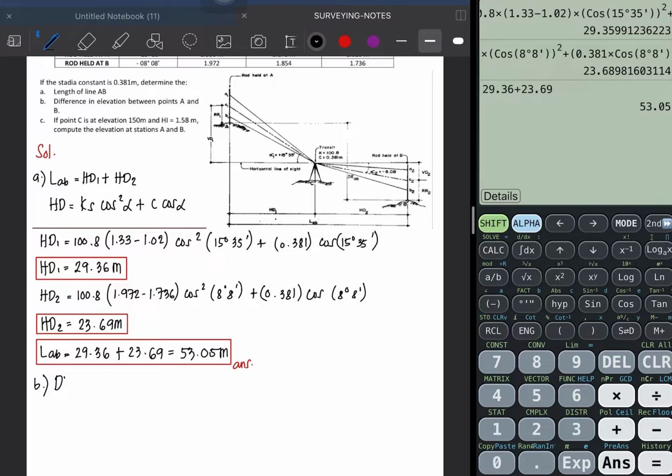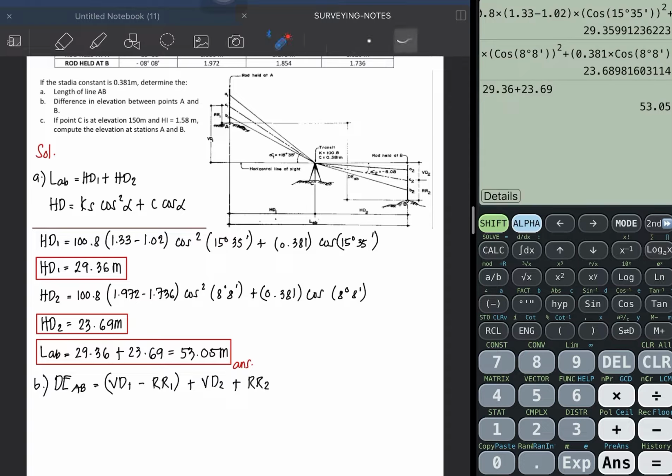So you have, from the illustration, the difference in elevation of line AB is equal to VD1 minus RR1 plus VD2 plus RR2. It is based on this illustration.